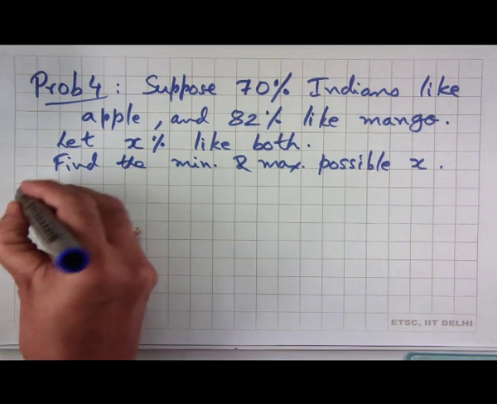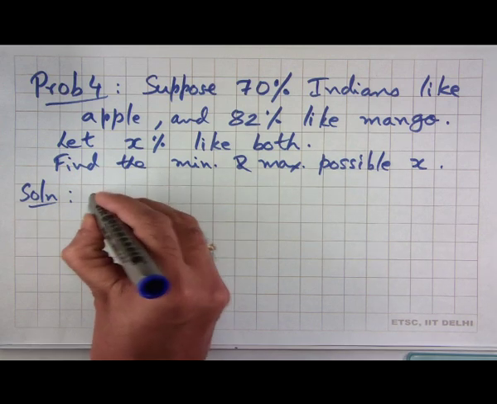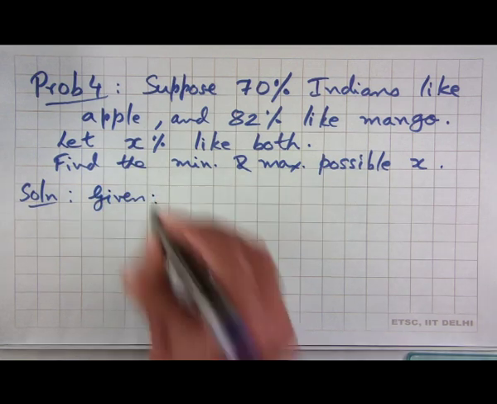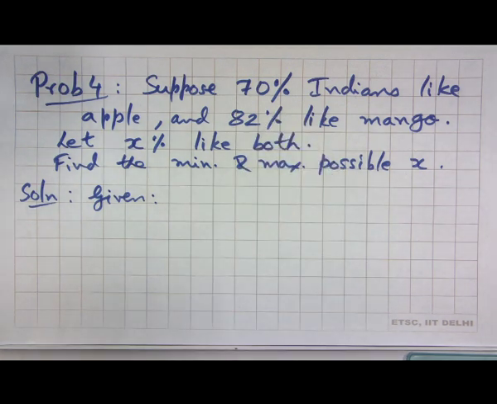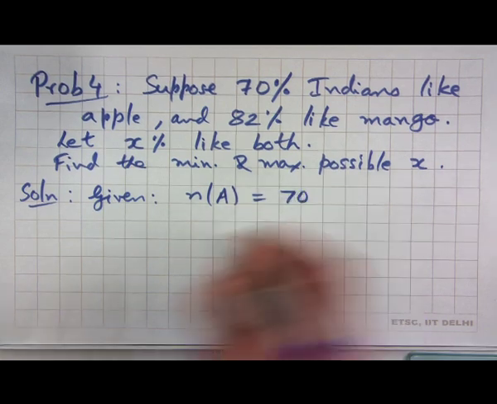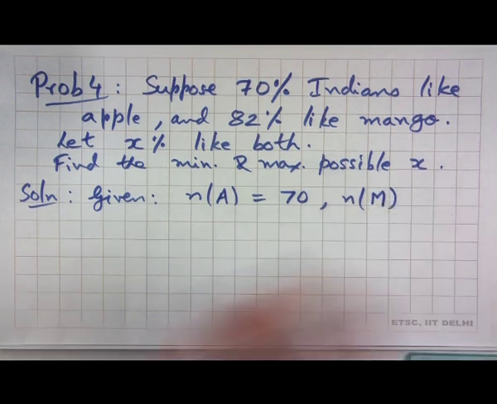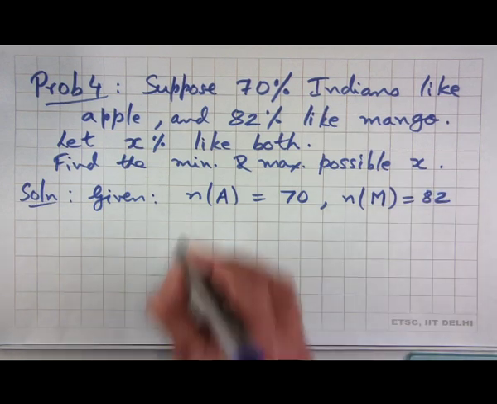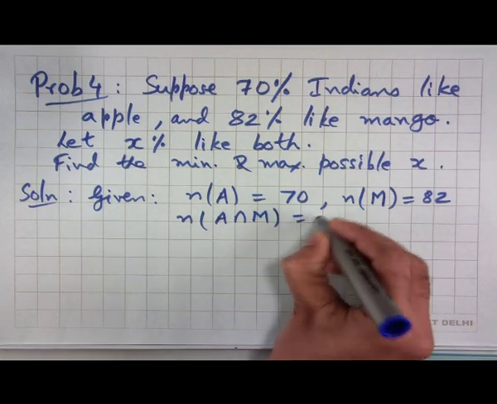So, here what is given is, if I write A to be the percentage of people who like apple, then n of A is 70, n of M is the number of people who like mango, this is 82%, and n of A intersection M is x percent.